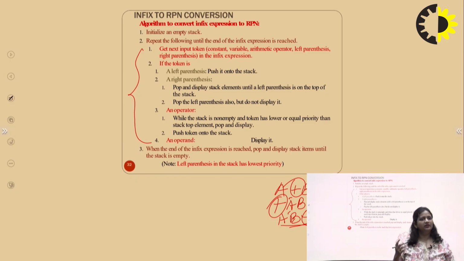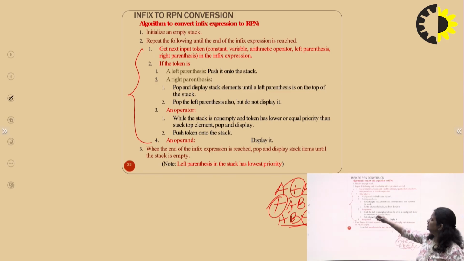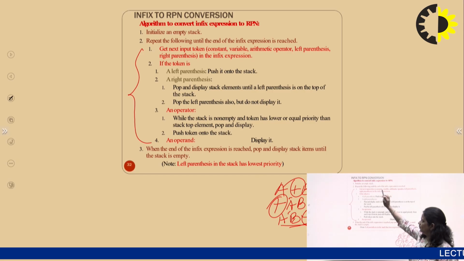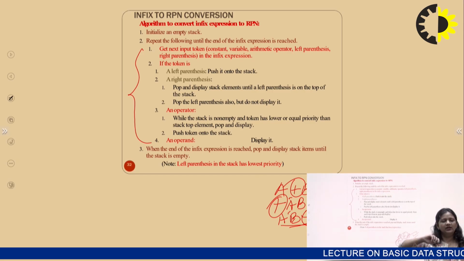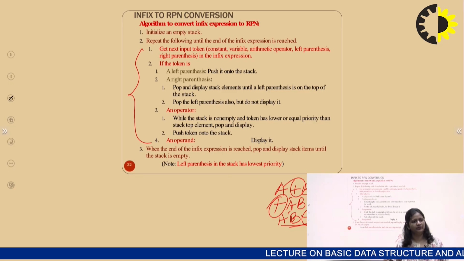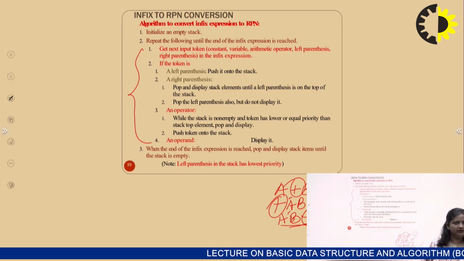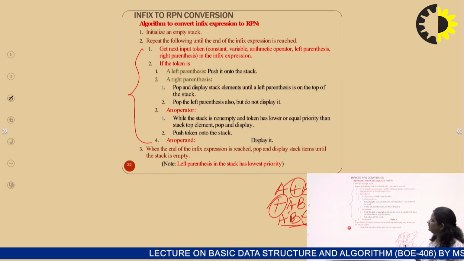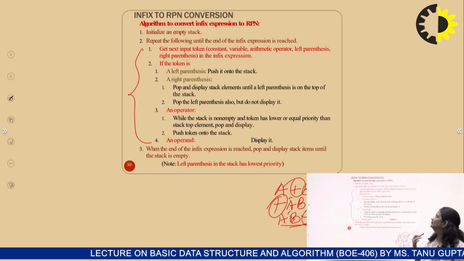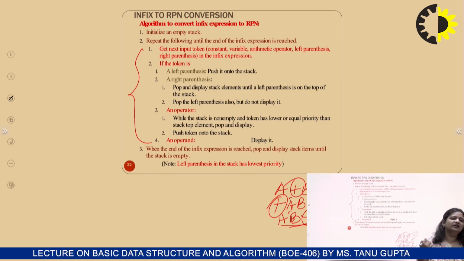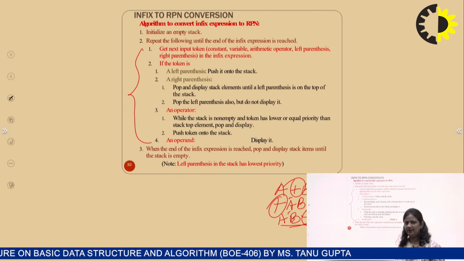There are only 3 conditions. First, get the next input token. In the arithmetic expression, there will be an operator, an operand, a constant, a variable, and there can be a left parenthesis or a right parenthesis.